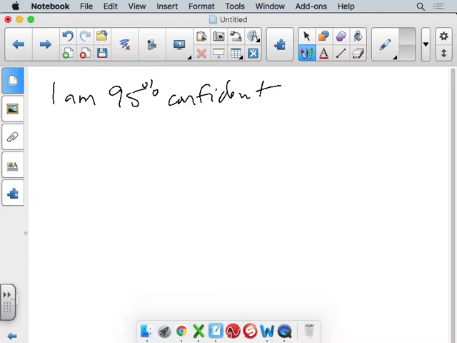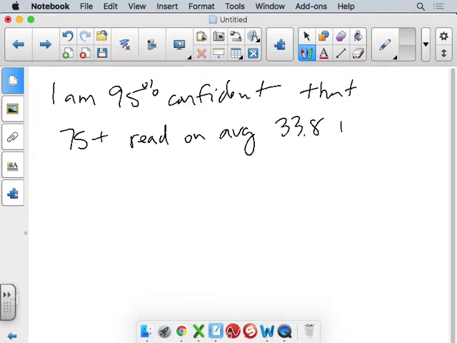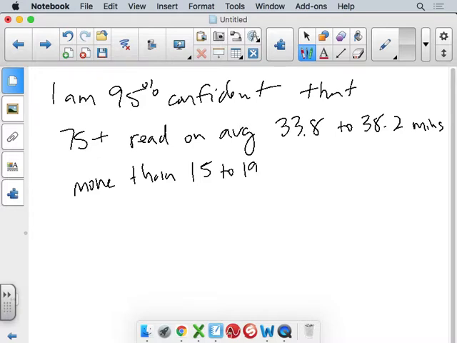But I'm going to say I am 95% confident that 75 plus read on average 33.8 to 38.2 minutes more than 15 to 19-year-olds. So you could have written that differently.